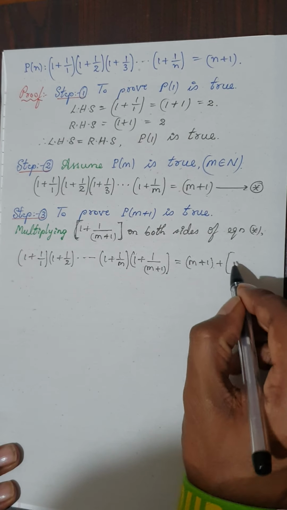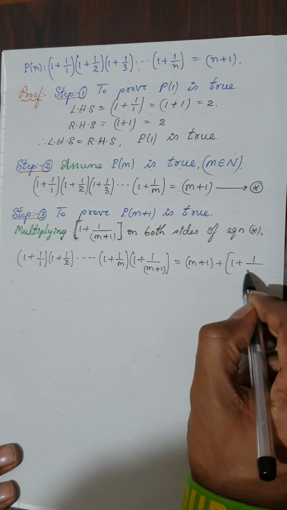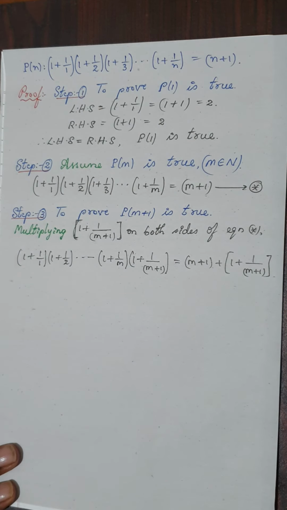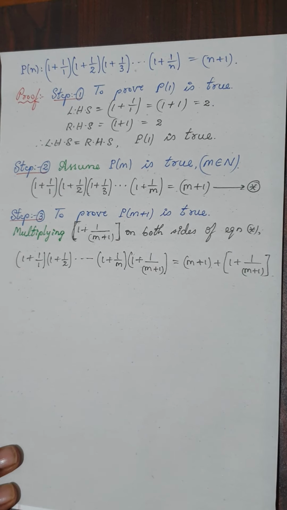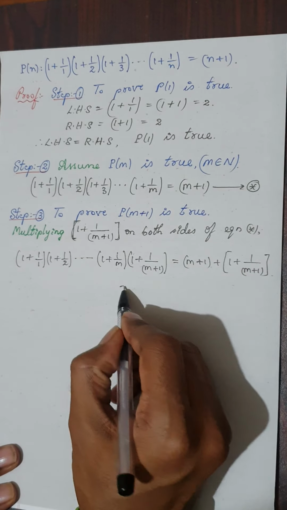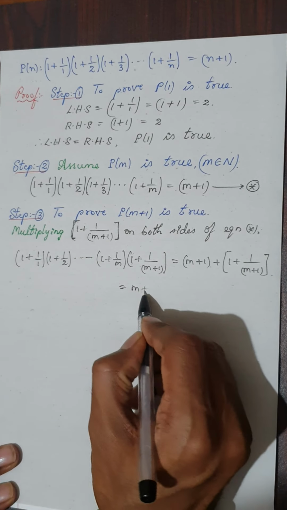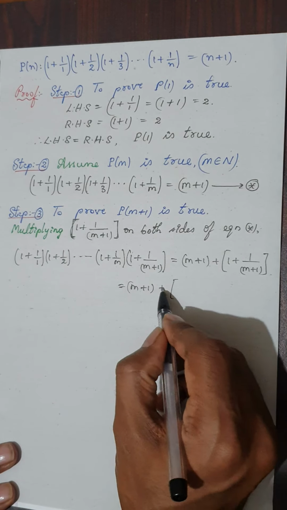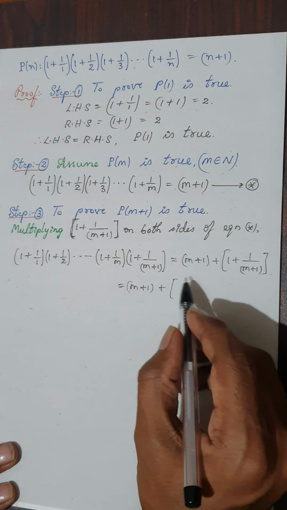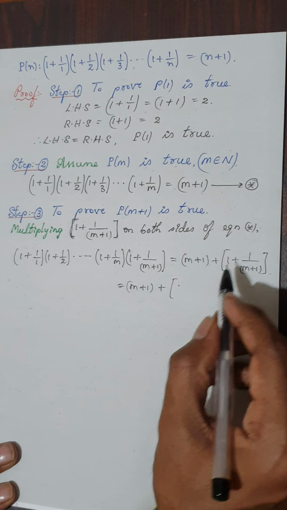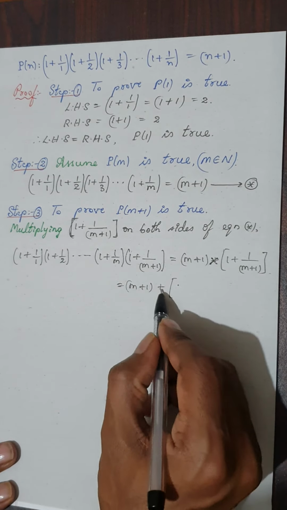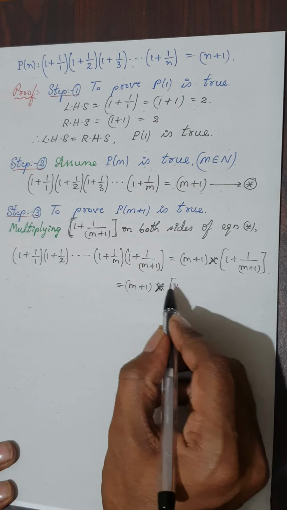To this I am going to multiply 1 plus 1 divided by m plus 1. So let us simplify. I don't have anything to do with the LHS. It is clear. So m plus 1 plus, if you take the LCM here, actually you are going to get, sorry, this is multiplication. I'm very sorry. Sometimes even you make a mistake. Please make sure this is not addition.